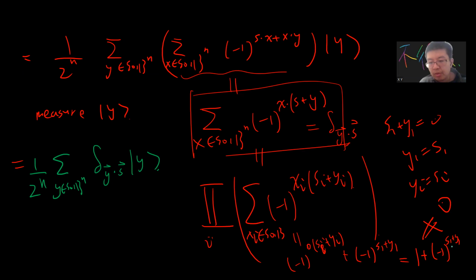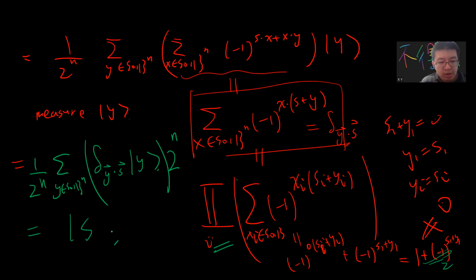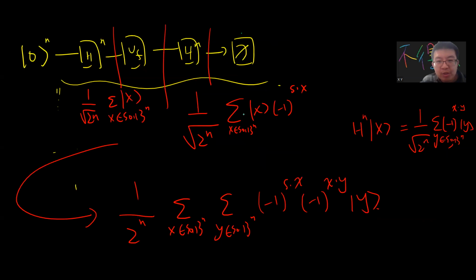If this term is non-zero, then it must be equal to 2, because this is si plus yi; if it's 0, then it's 1 plus 1, which is 2. So there will be another factor of 2 to the n, because we have n of them. So amazingly, this term is just s. Simply speaking, if you directly measure this, then you will get s1, s2, up to sn. So you just get s.